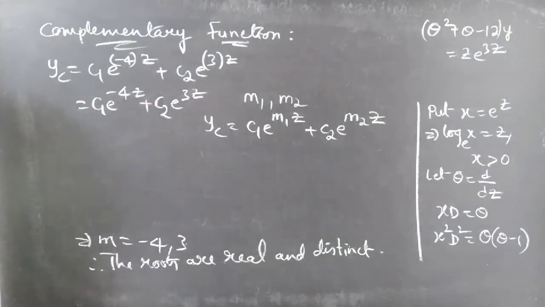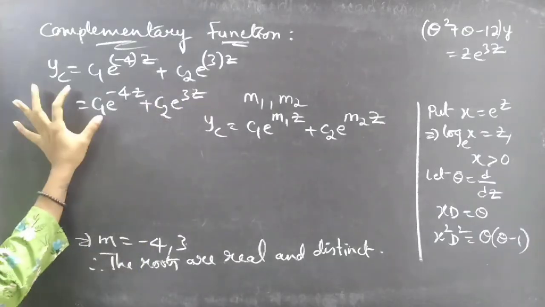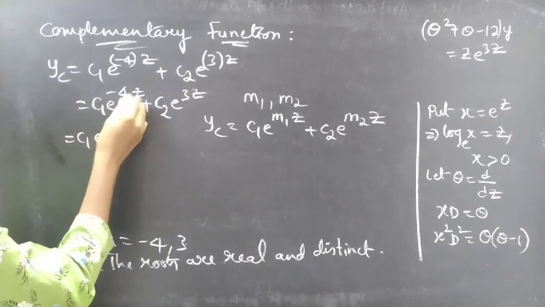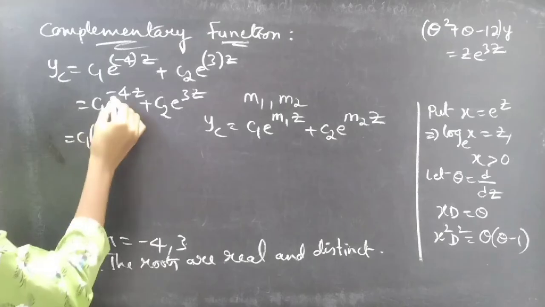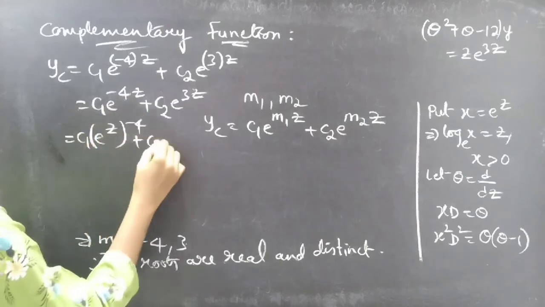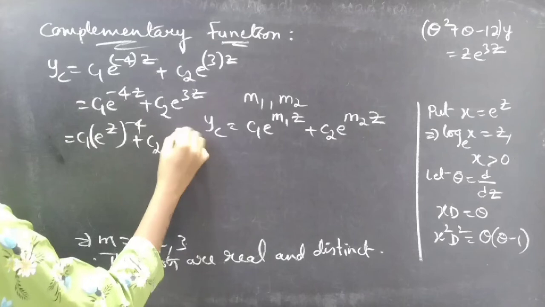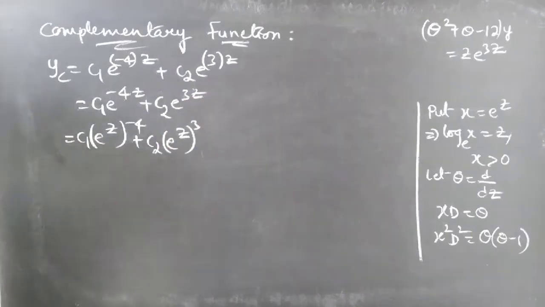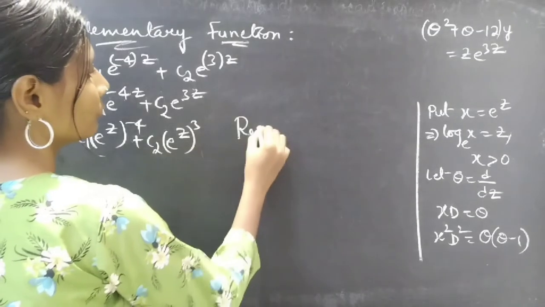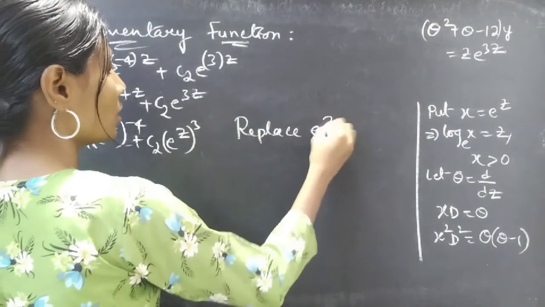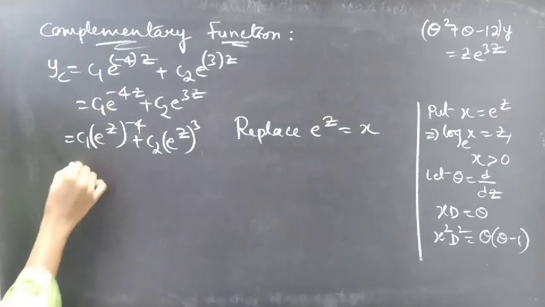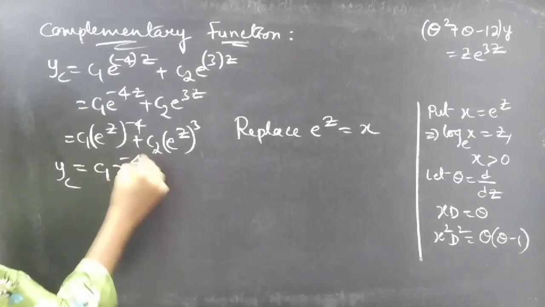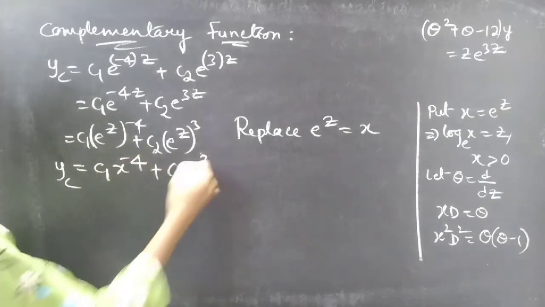Now we have yc in terms of z. We need to write it in terms of x. For that purpose, we write e power -4z as (e power z) whole power -4, and e power 3z as (e power z) whole cube. Now replace e power z by x. Then yc = c1 x power -4 + c2 x cube.